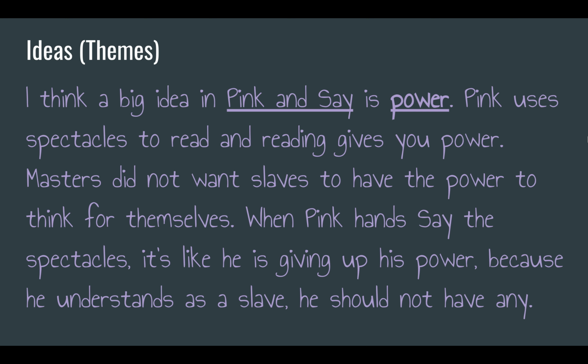But this is the one I'm going to focus on with you today. I think a big idea in Pink and Say is power. Pink uses spectacles to read, and reading gives you power. Masters did not want slaves to have the power to think for themselves. When Pink hands Say the spectacles, it's like he is giving up his power because he understands as a slave he should not have any.